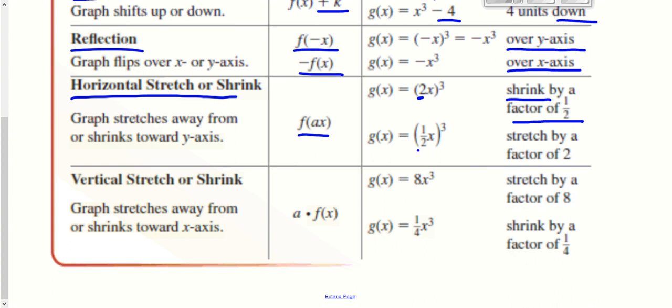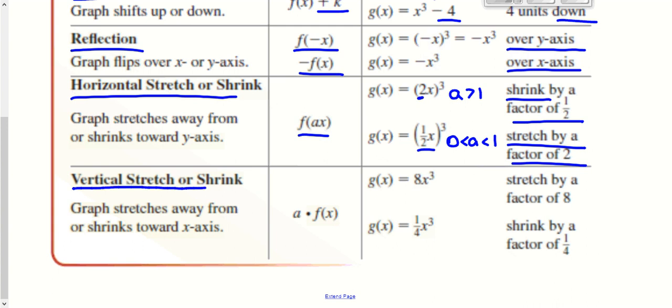If you have 1/2 on the inside, it is a horizontal stretch by a factor of 2. You've written all of this before, but for your shrink, remember that your a value is greater than 1. And for your stretch, remember that your a value is between 0 and 1. And that's on the horizontal.